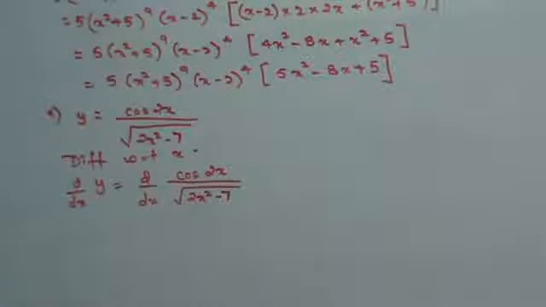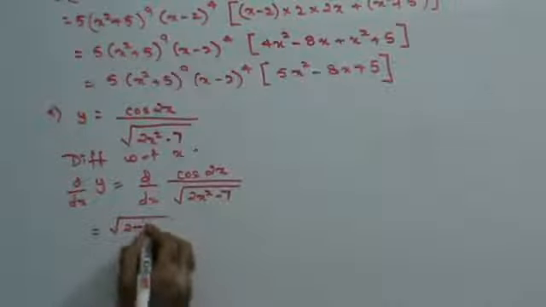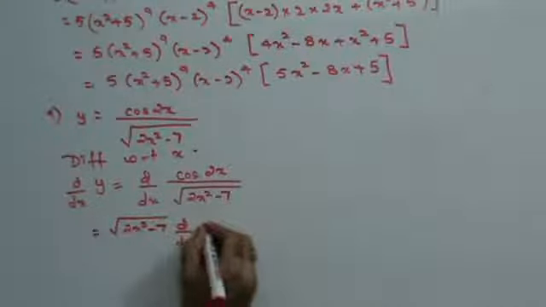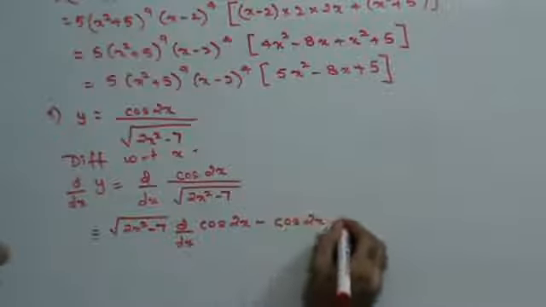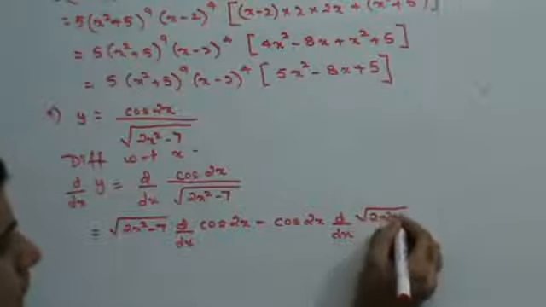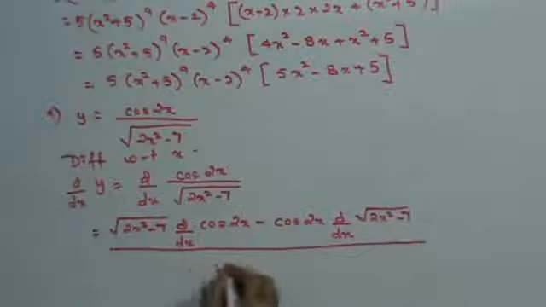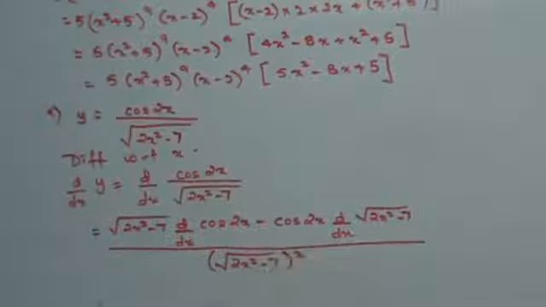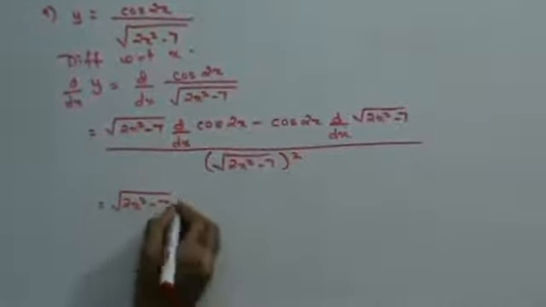You will use the u upon v formula, so this is v, derivative of u, minus u, derivative of v, upon v square. This is going to be square root of 2x square minus 7.